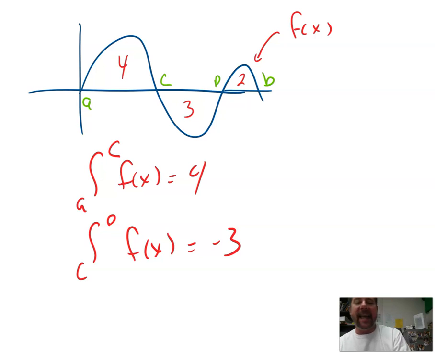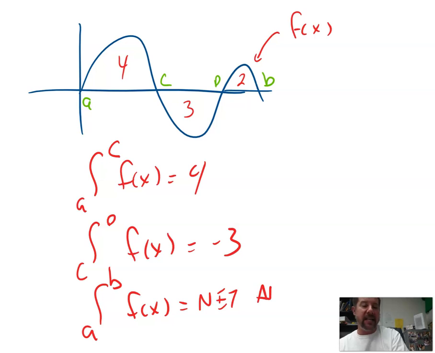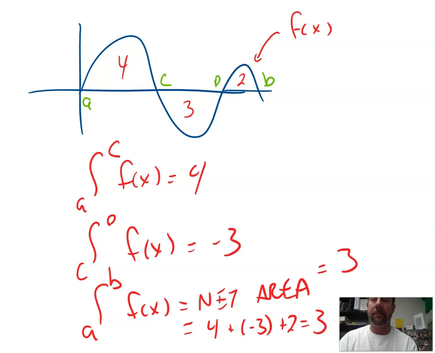Okay? If I look at the integral from a to b of f of x, this is the net area. It is not the total area, but the net area. So to find this, I would have a positive 4 plus a negative 3 plus a positive 2, so this integral, the net area, would be 3.